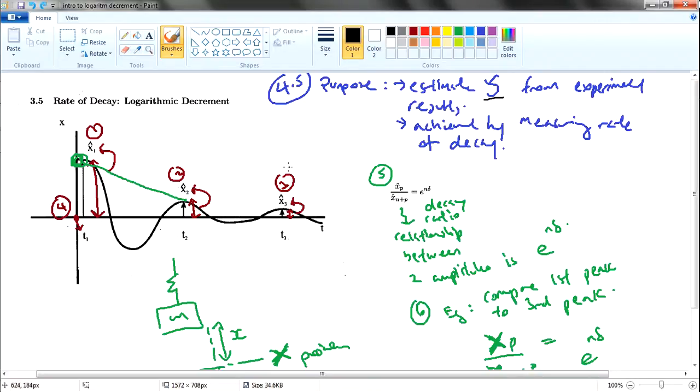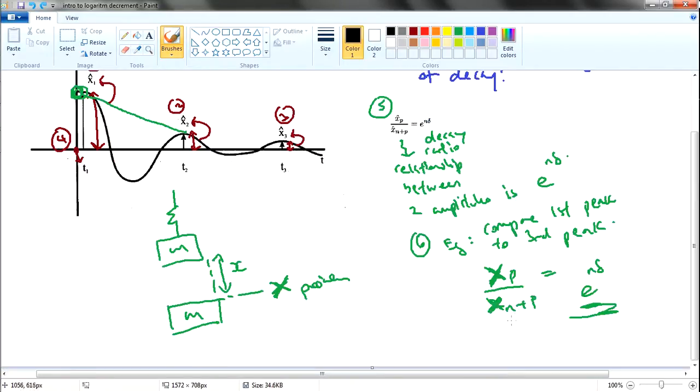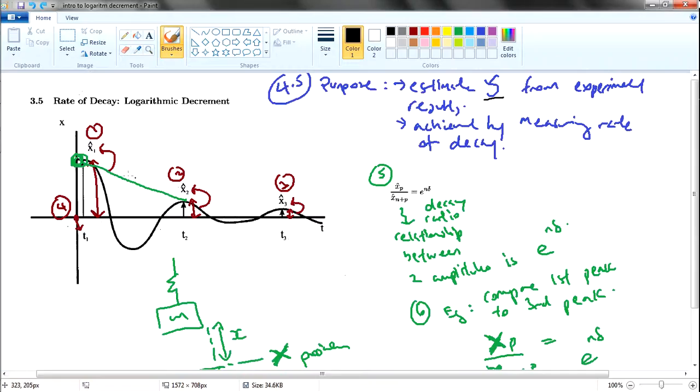Let's say you want to pick 3, so there is point 1 and 2 points from point 1, right? That's why n is 2, 2 plus 1 is equal to 3, and so on. With this you can set up an equation to solve for your damping factor. It just shows you the relationship between two amplitudes.